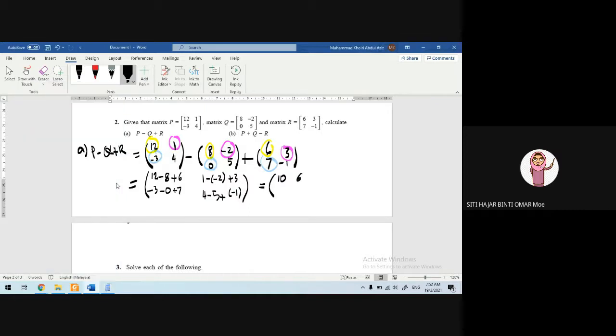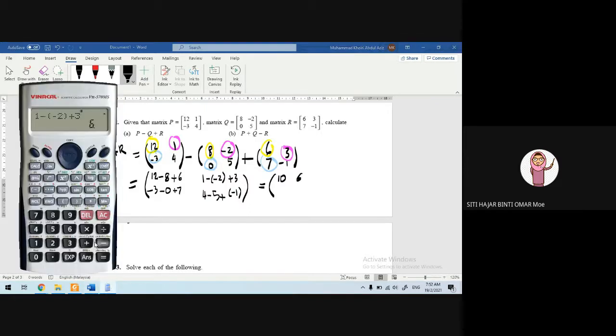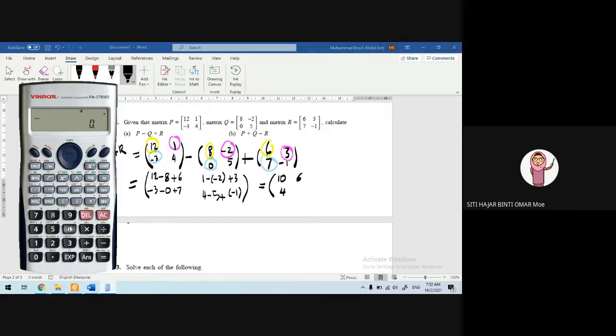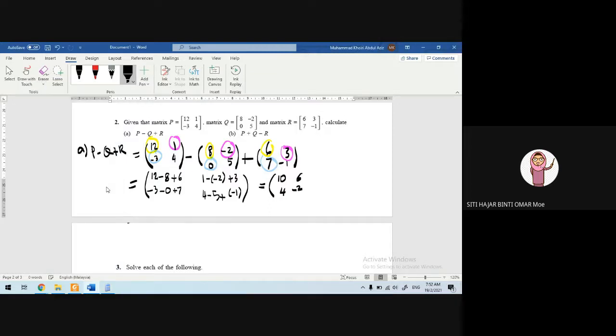Okay. Then negative 3 plus 7 plus -1, -2. Okay, this is the complete answer.